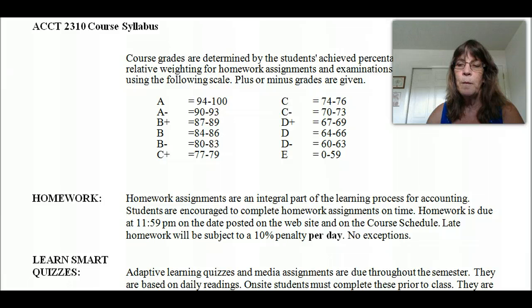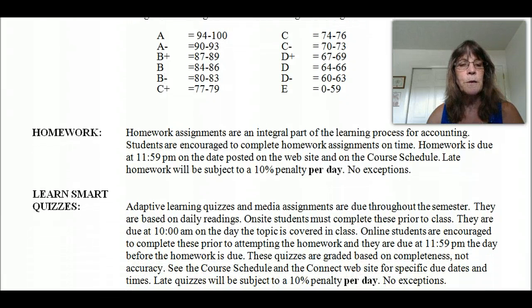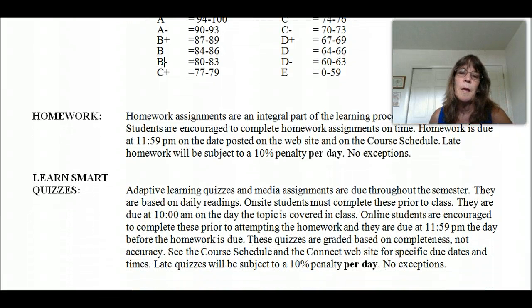Let's talk a little bit about adaptive learning quizzes. These are on Connect. And the way this course works is you read a few pages and then you take an adaptive learning quiz on it. Online students should have the adaptive learning quiz and the reading done prior to class. On-site students should do it before they tackle the homework.